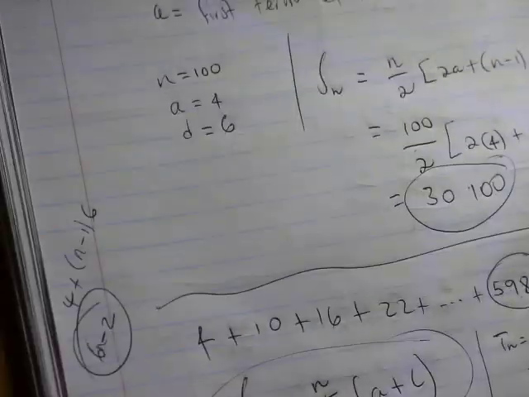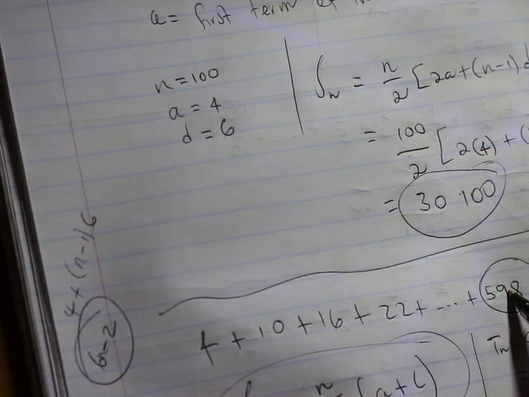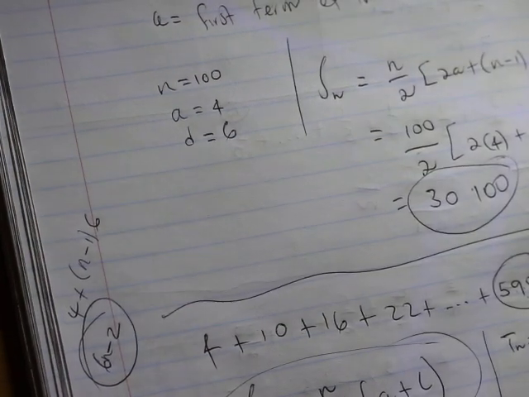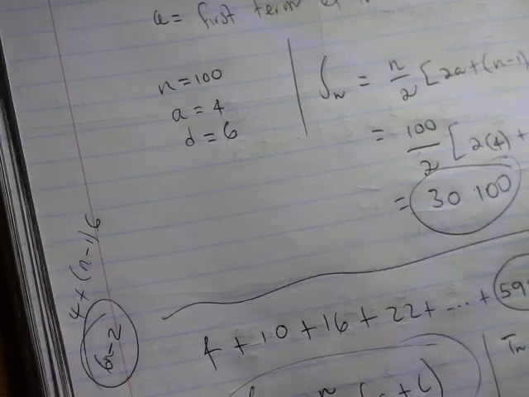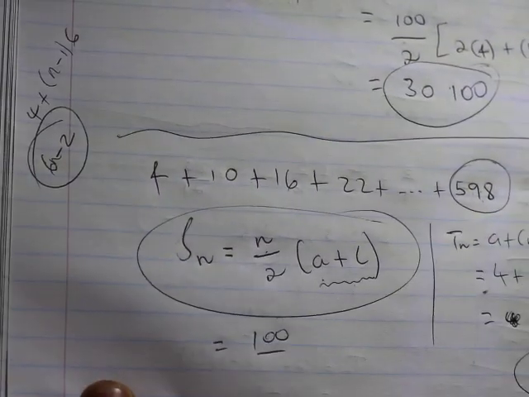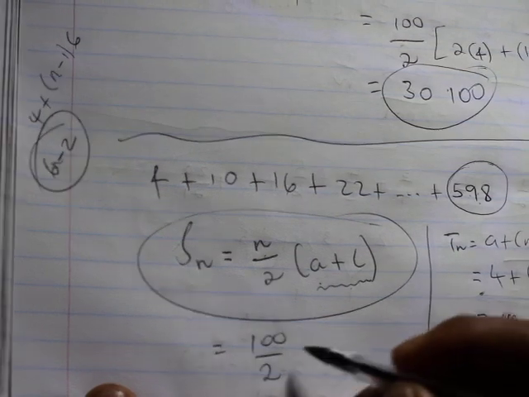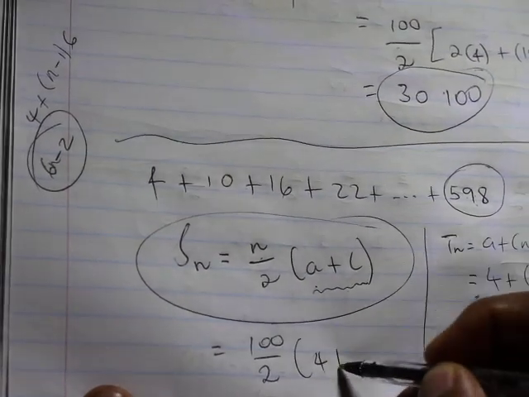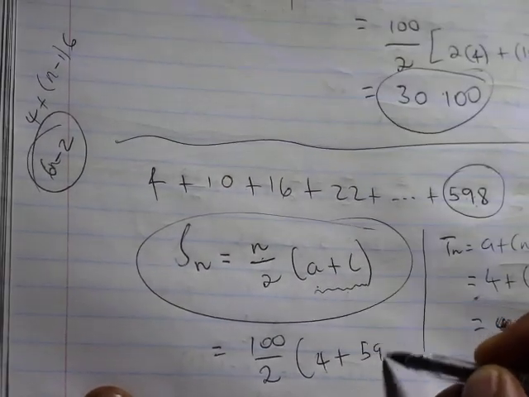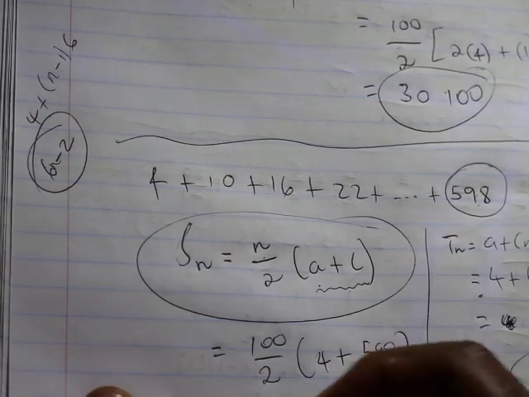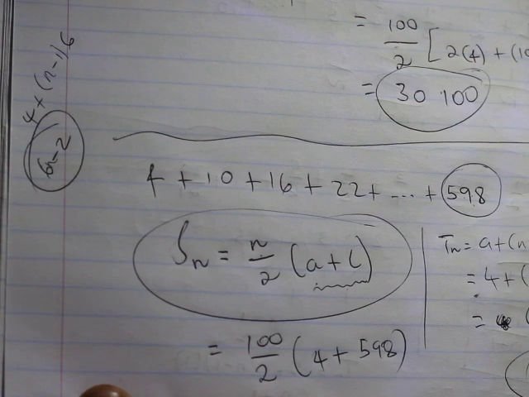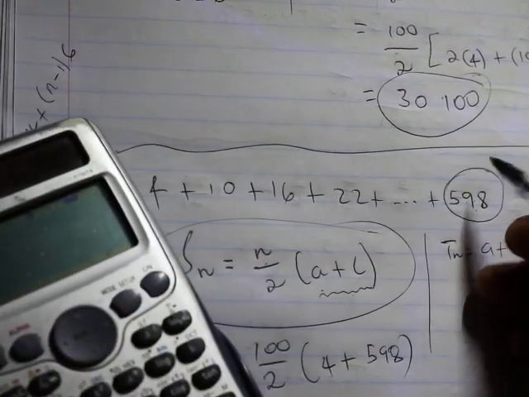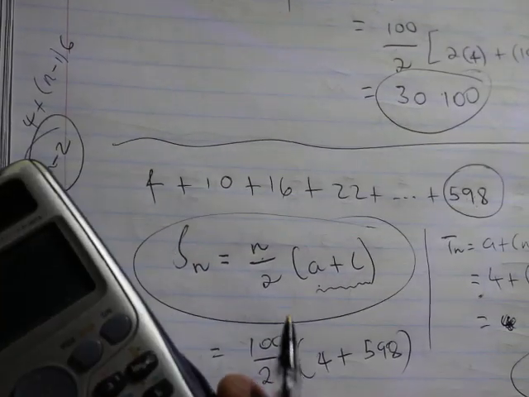So we know that, okay, if we've got the position for this, we can simply substitute in place of the n, that's just going to be 100 over 2 into the first term, which is 4, plus the last term, which is 598. And this should give us the same answer that we got over there, which is 30,100.